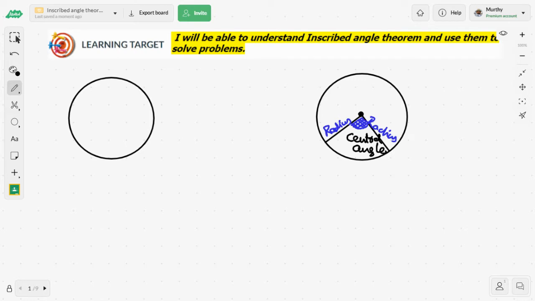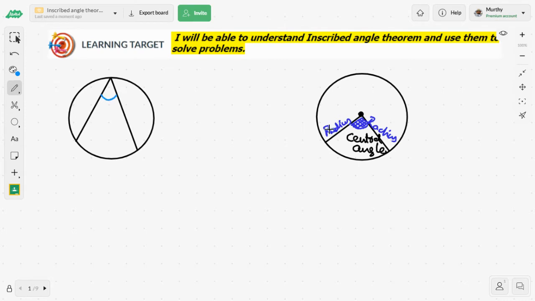Next, the inscribed angle, which is similar to this one. See that I'm drawing a line segment that is not a radius, and it is not a diameter either. We call this a chord. These two chords make an angle on the boundary of the circle.